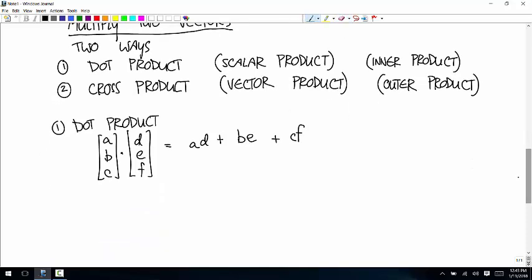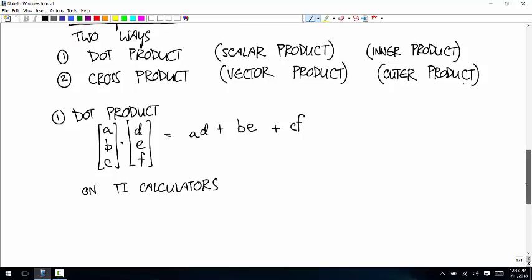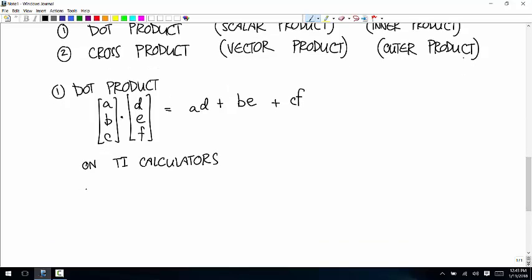And on most TI calculators, once you define the vector, so let's say the vector A, you've put in the vector 1, 2, 3.